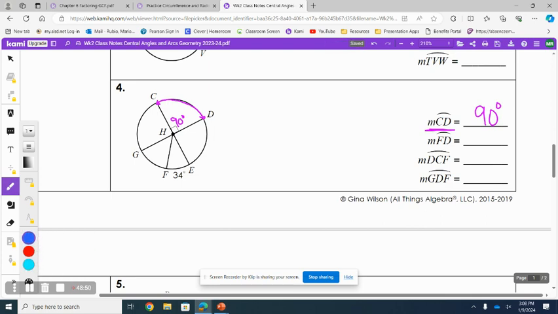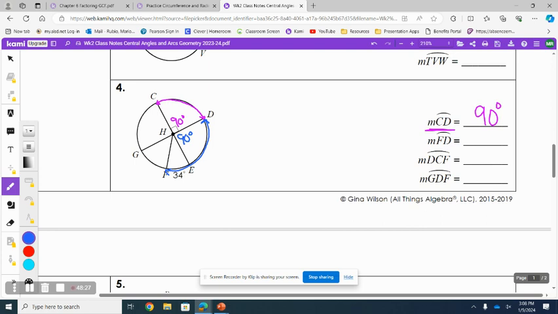Okay. What's the next one it's looking for? F to D. So it wants all of this. Okay. So Maria, look up here. If C to D is 90, if this is 90, what is D to E then? It's also 90. Okay?